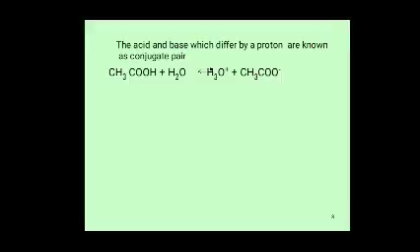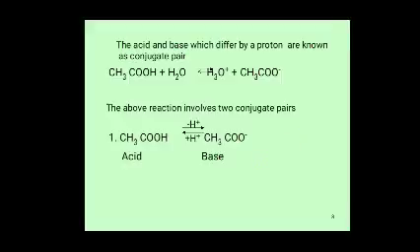CH3COOH + H2O gives H3O+ + CH3COO−. The above reaction involves two conjugate acid-base pairs. CH3COOH acid gives CH3COO−; the acid converts to a base. H2O is the base and H3O+ is the acid.